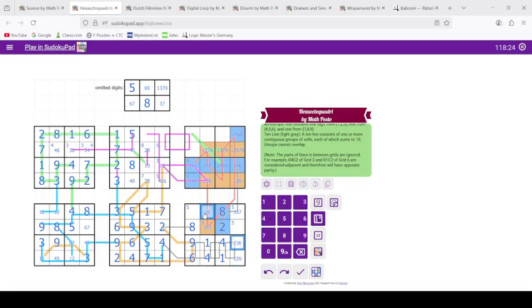One of these two is a 6. If this were a 5, then that would be a 2. That'd be a 6, 9. That's not possible. It is. You can resolve this with that, I guess.